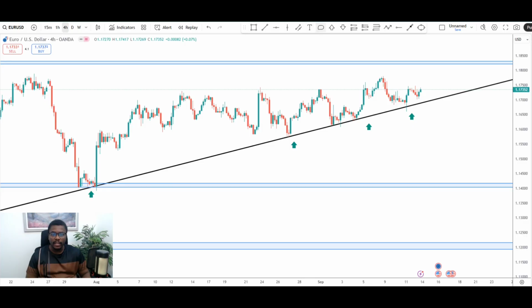So again, we can see multiple bounces off this trend line here, and then the last bounce off this trend line was here, and then price now sort of continued to the upside.